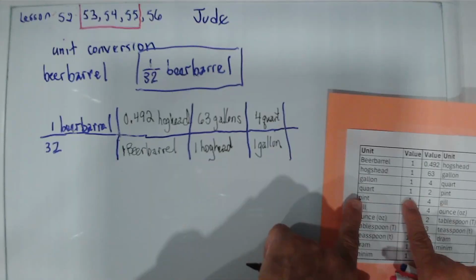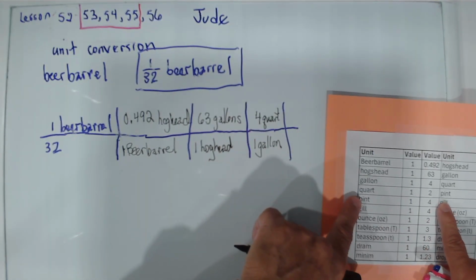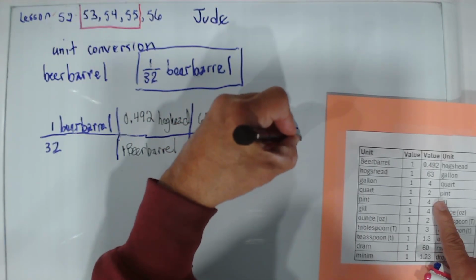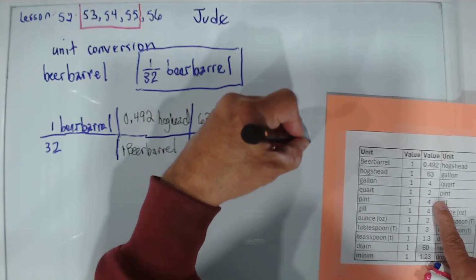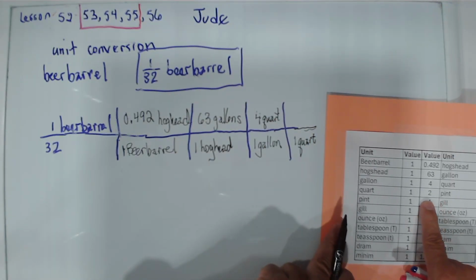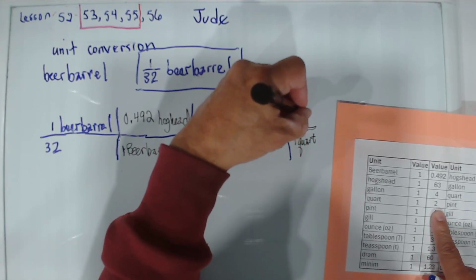Here we want to cancel out quarts, and that means we want to put quart on the bottom, so we'll put 1 quart on the bottom. What are we going to put on top? It looks like quart to pint. There's 2 pints. So this will be 2 pints.